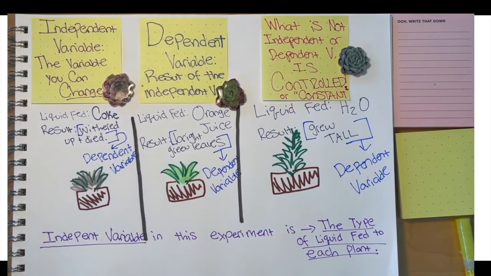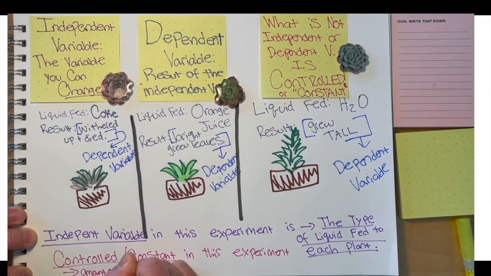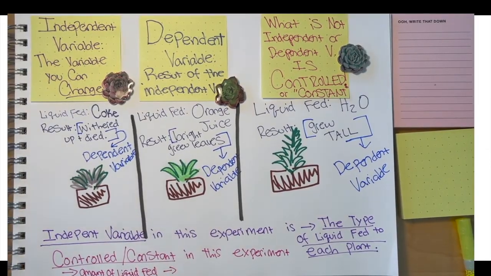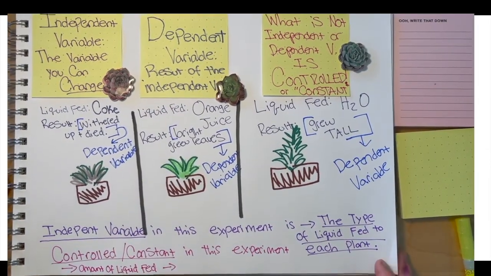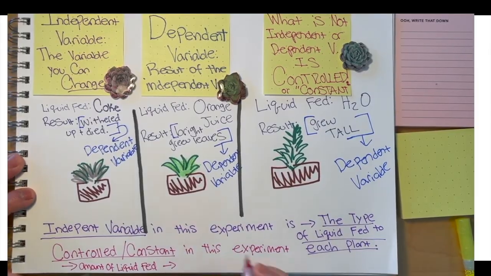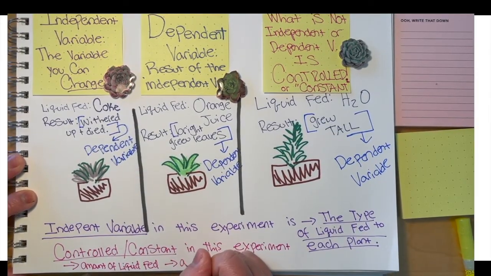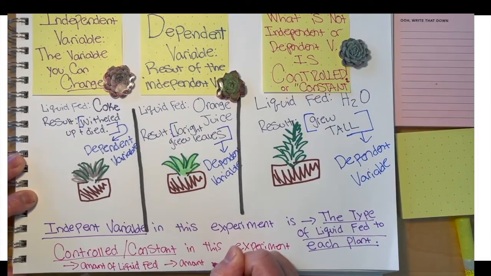Some examples of a constant variable in this particular example could be the amount of liquid that we give each plant. So you see that's different than the type of liquid we're giving each plant, right? So the amount of liquid has to be constant.